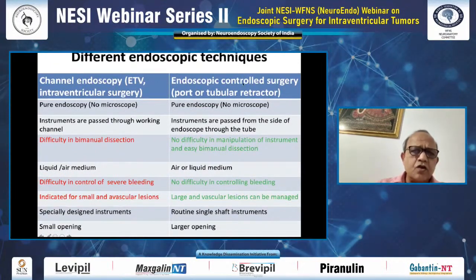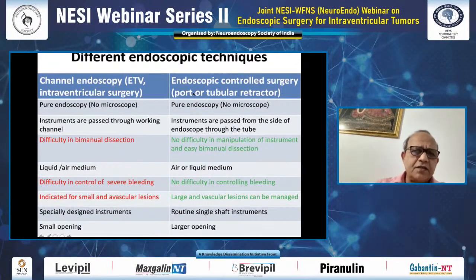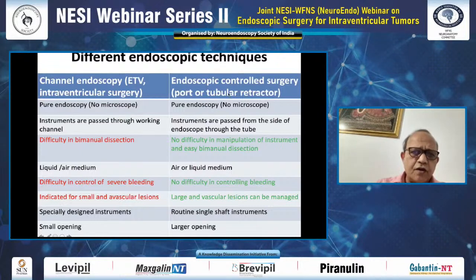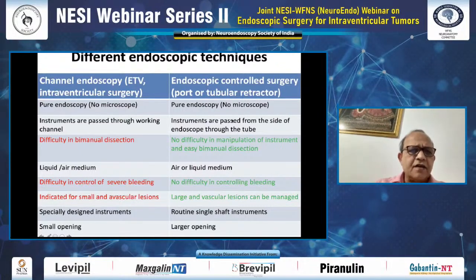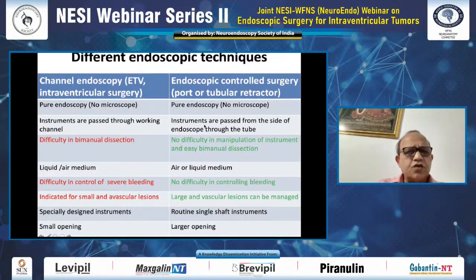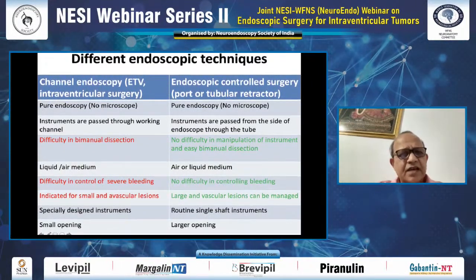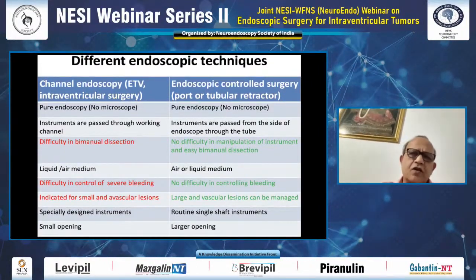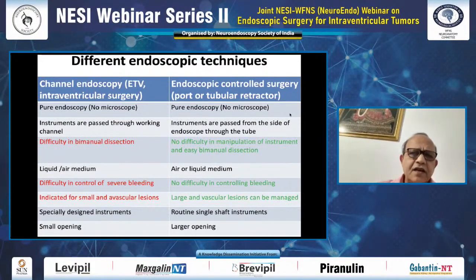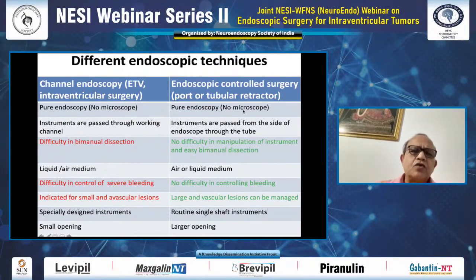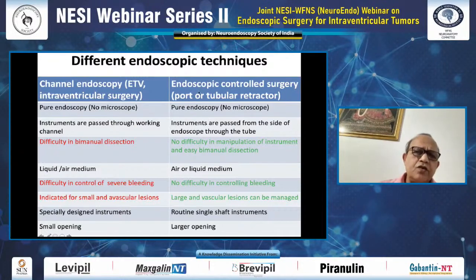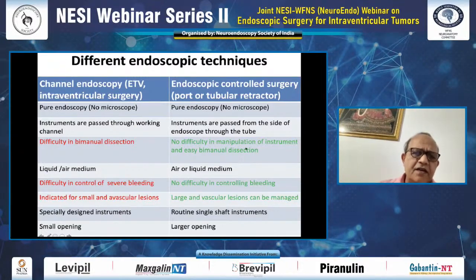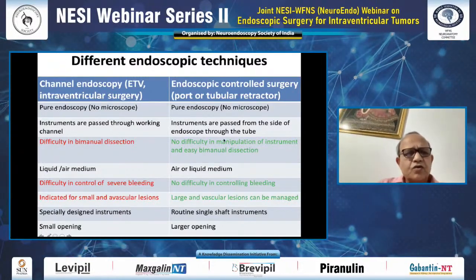Whereas in endoscopic controlled surgery, whether it is using a port or tubular retractor, the instruments are passed by the side of the endoscope. One can say assisted or endoscopic controlled, but here also no microscope is used. We use a tubular retractor and it is assisted by the endoscope.